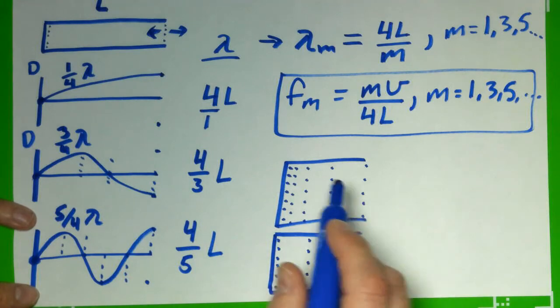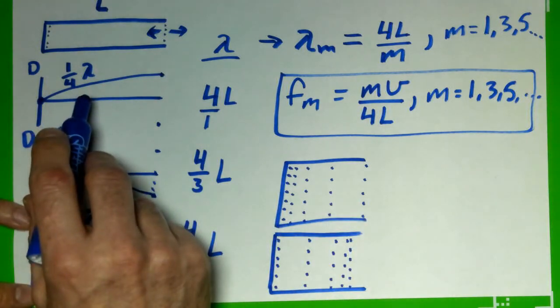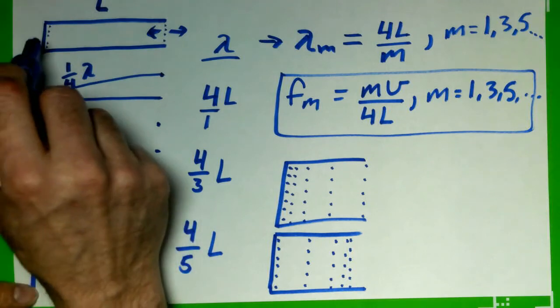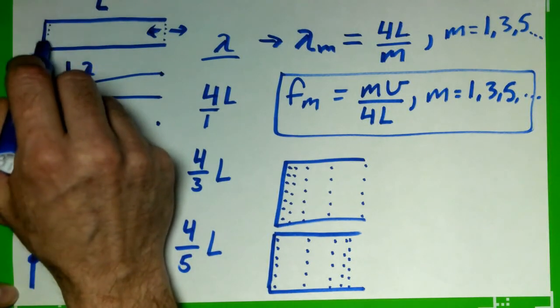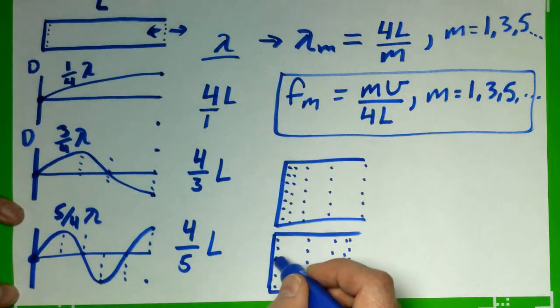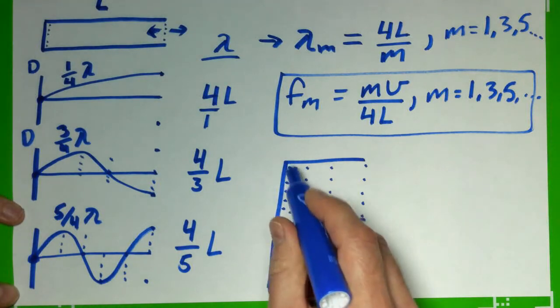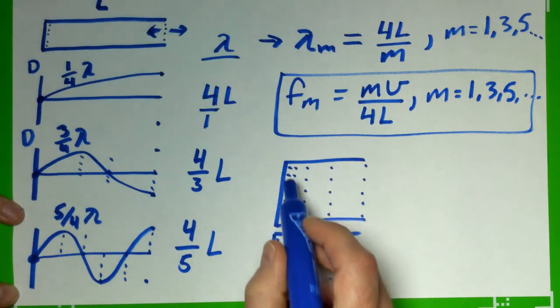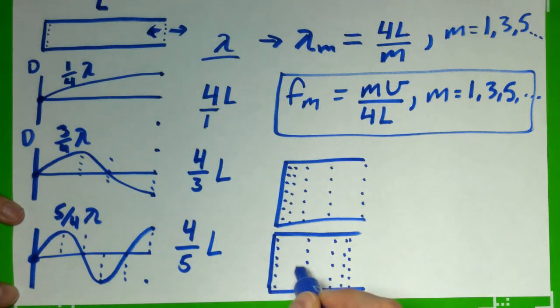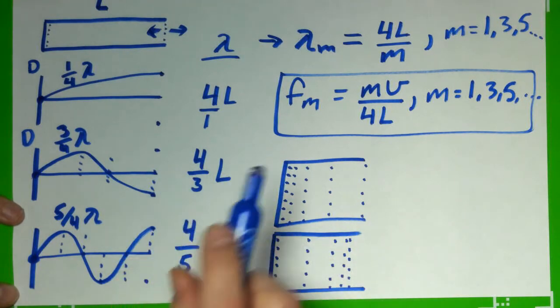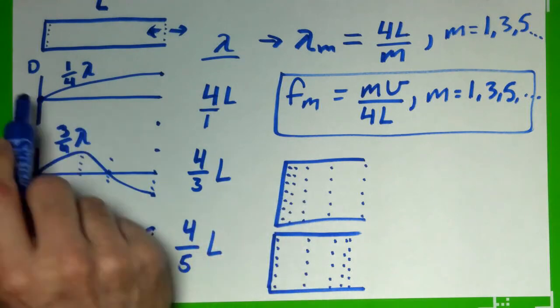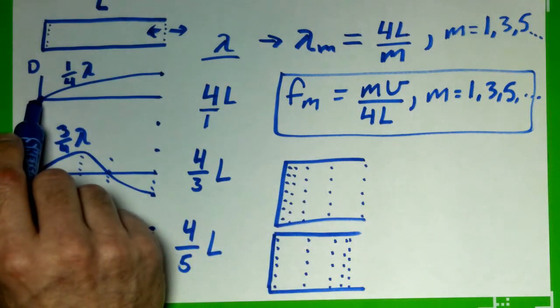Okay, now how do we relate that to this? We should be able to see the same thing. What happens is at this point right here, which we can see down here, the pressure is oscillating maximally. It can go from highest pressure to lowest pressure, highest to lowest. And so we end up with a pressure antinode wherever we had a displacement node.